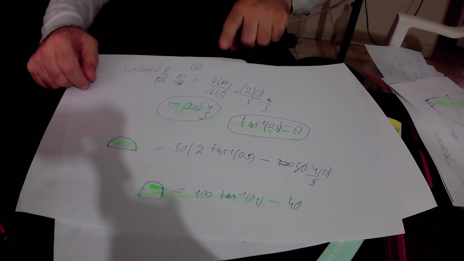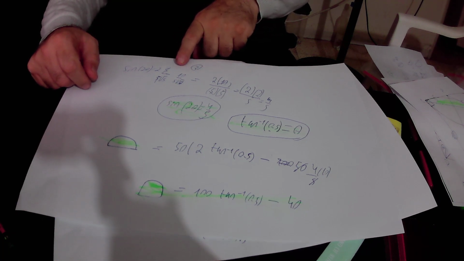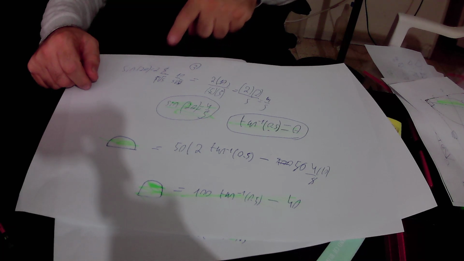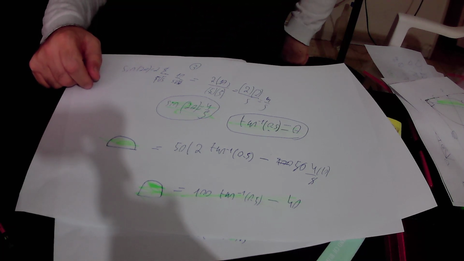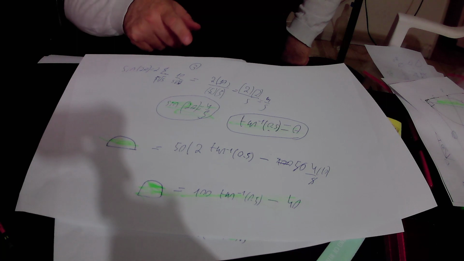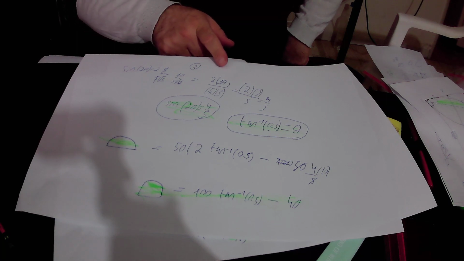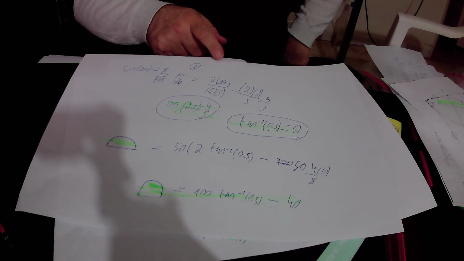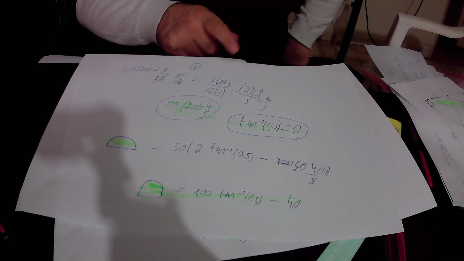Here we have 5 in the numerator, 5 in the denominator, so 5 will get cancelled. In the numerator we are left with 10 times 2. In the denominator we have 5 times 5.